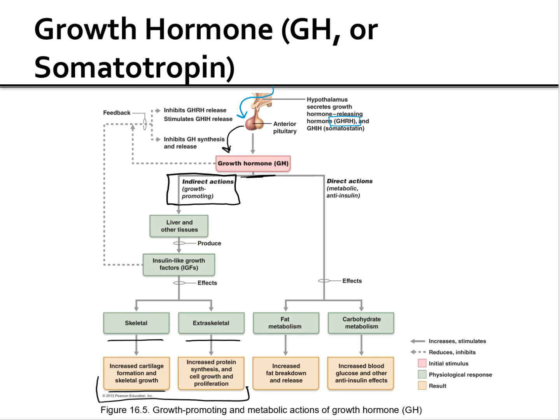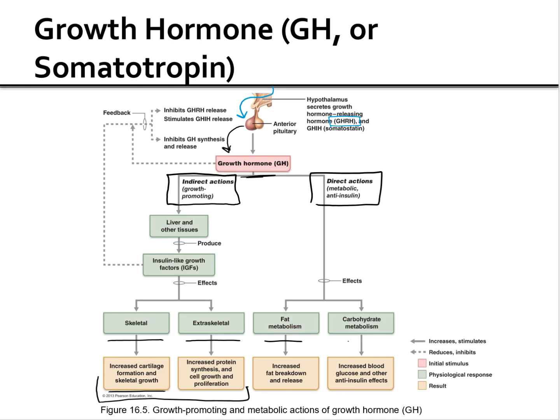The alternative mechanism is via a direct action. What this means is growth hormone in this case is going to directly affect things such as fat metabolism. Growth hormone will increase the breakdown of fats and release of those end products into the bloodstream for energy production.